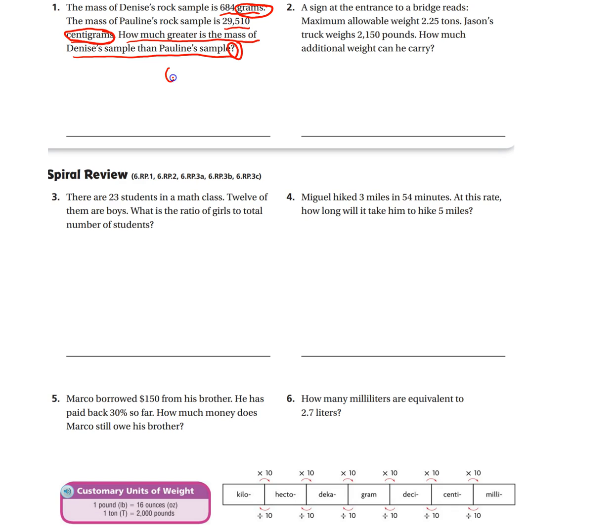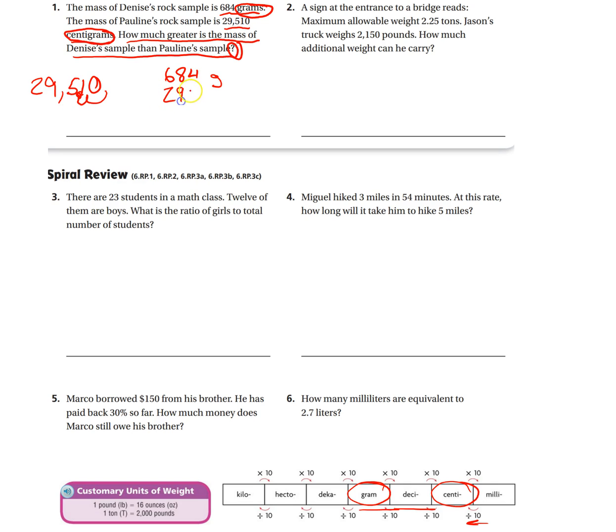And because I do that, 684 grams is already done. So I only need to change 29,510 centigrams. So I'm going from centigrams to grams. So I'm moving to the left, 1, 2. My decimal moves as well.